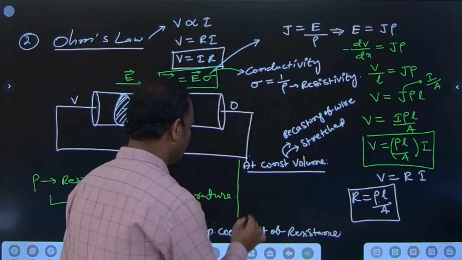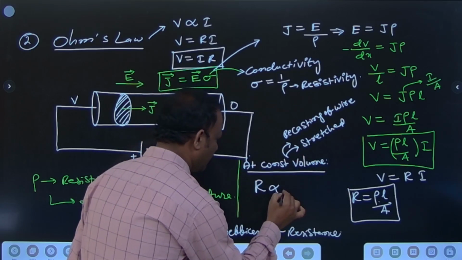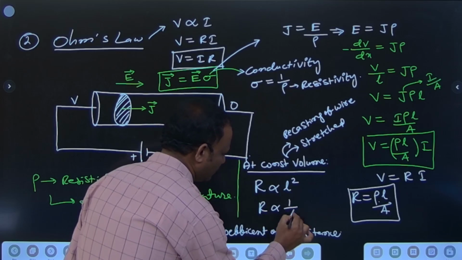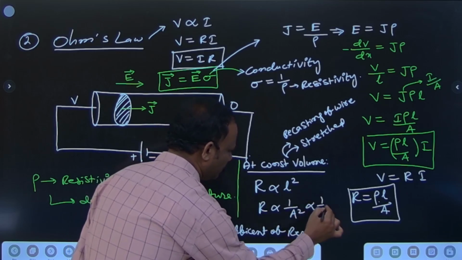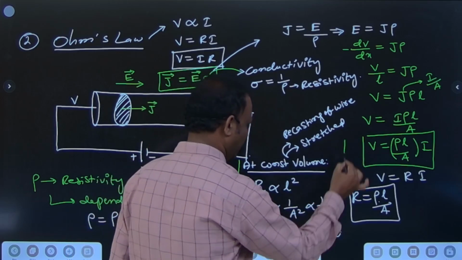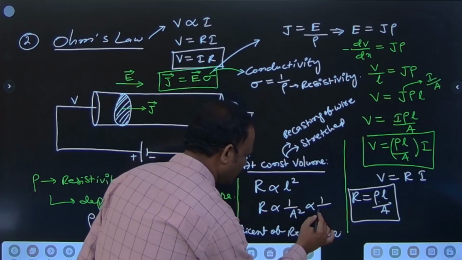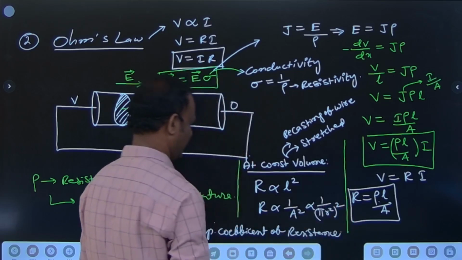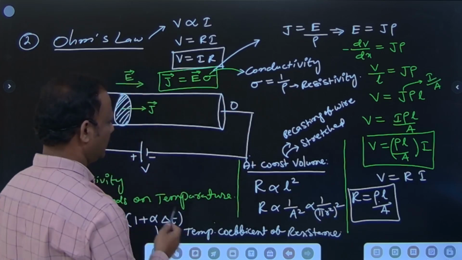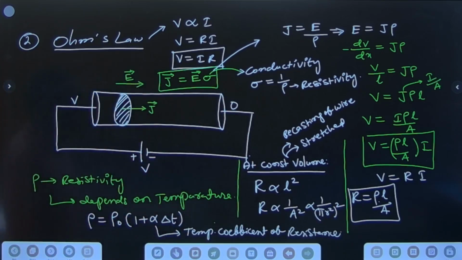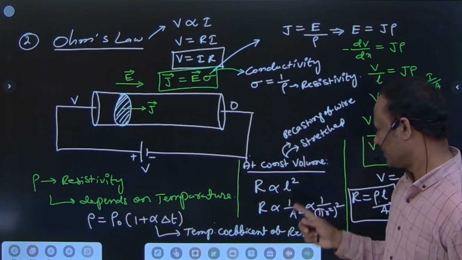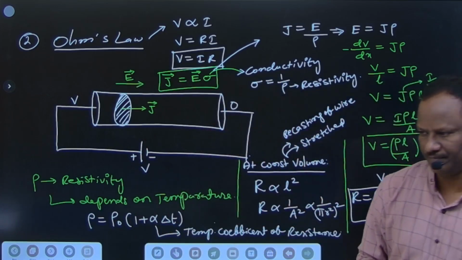At that condition, we need to use R proportional to L square, R proportional to 1 by A square, and A means pi R square, whole square. It's another help box for the stretched wire, for the recasting wire.